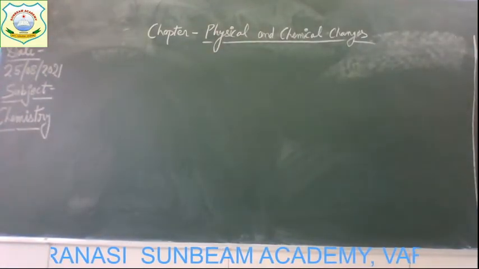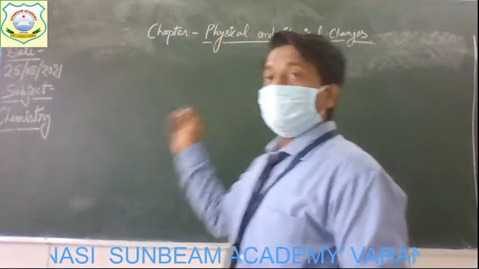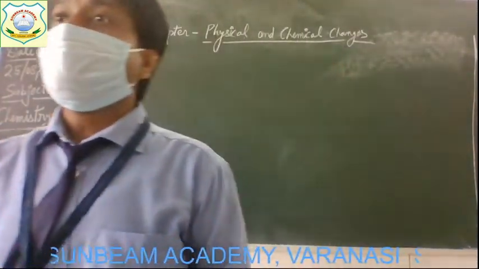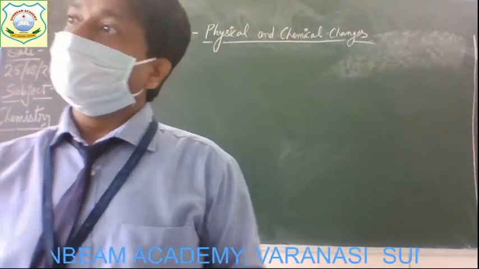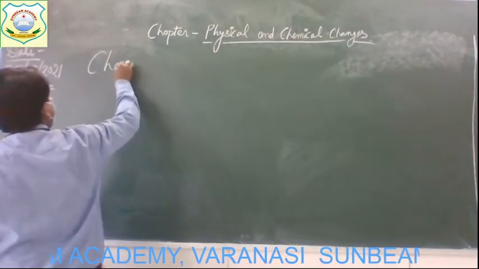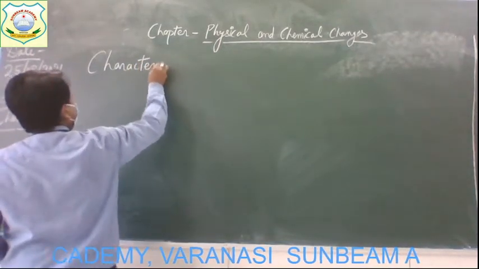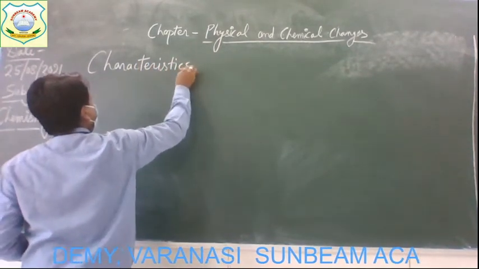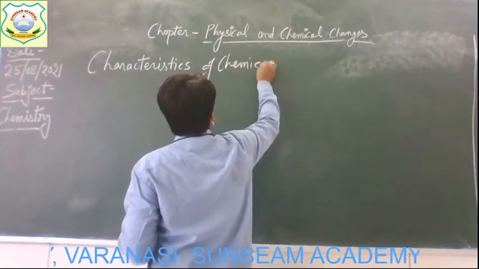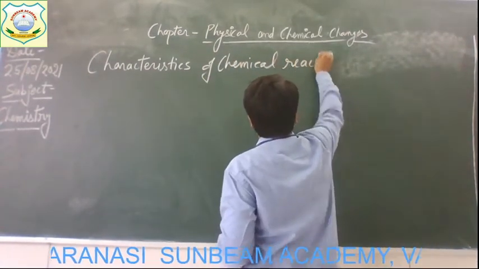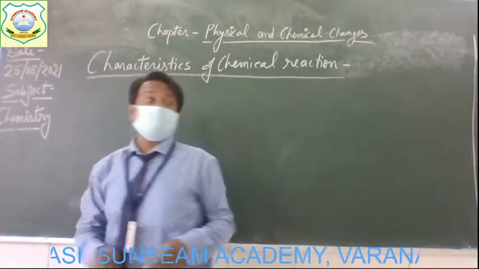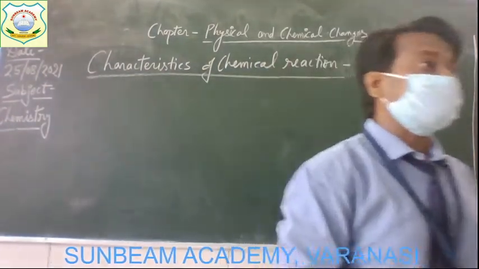Once again, today I am going to discuss the rest of the characteristic features of chemical reaction. Yesterday we had started the topic characteristics of chemical reaction, and we have discussed three characteristics.